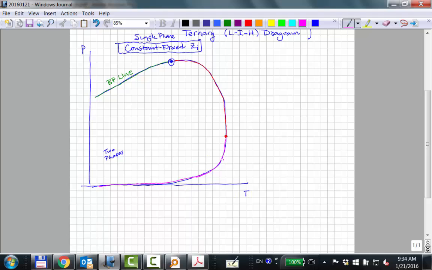Okay. Along this red line, we have a dew point. That mixture is just condensing out a little droplet of liquid.